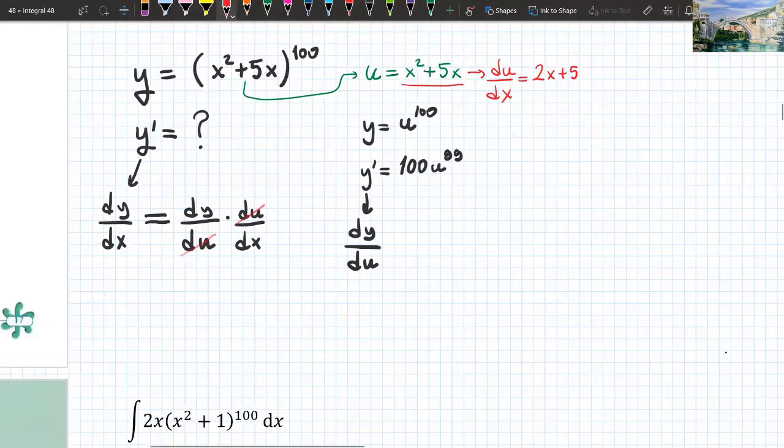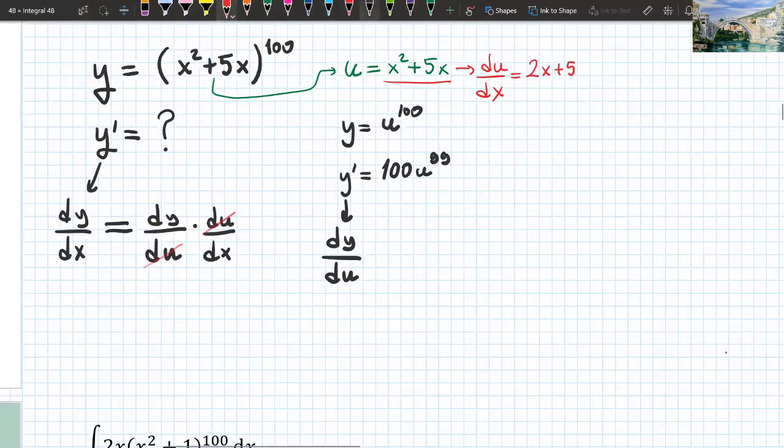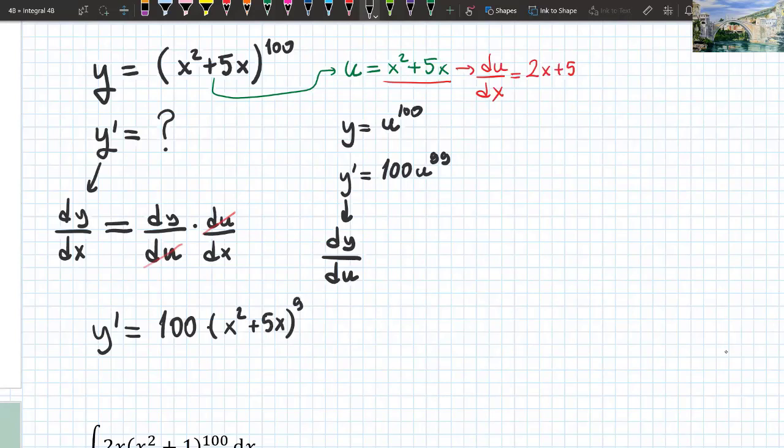So now what is our original derivative, what is y prime? First of all, the derivative of the power function, I mean dy over du, is 100 times, instead of u, of course, I will write the x form, (x squared plus 5x) to the 99. It comes from here.